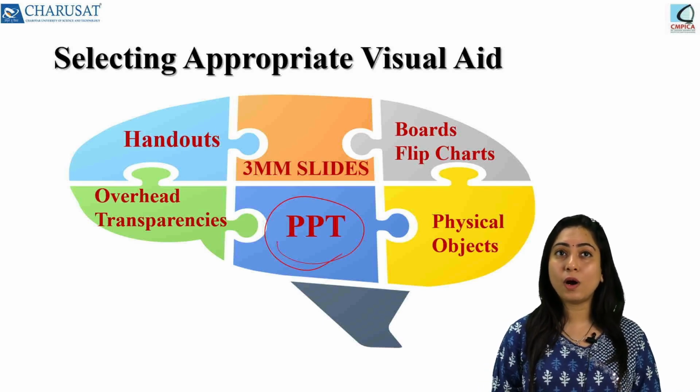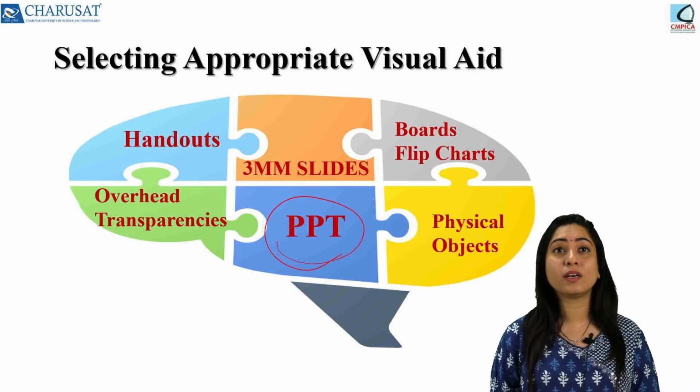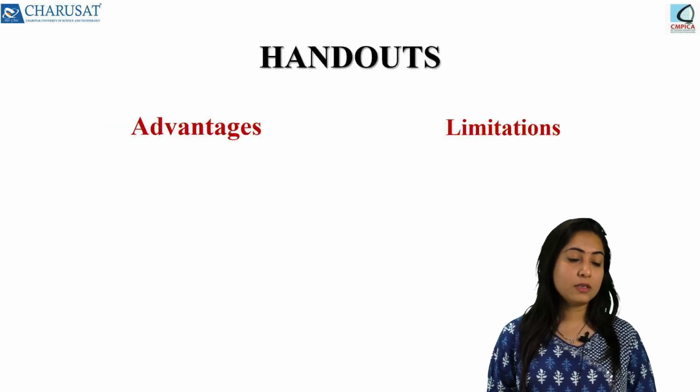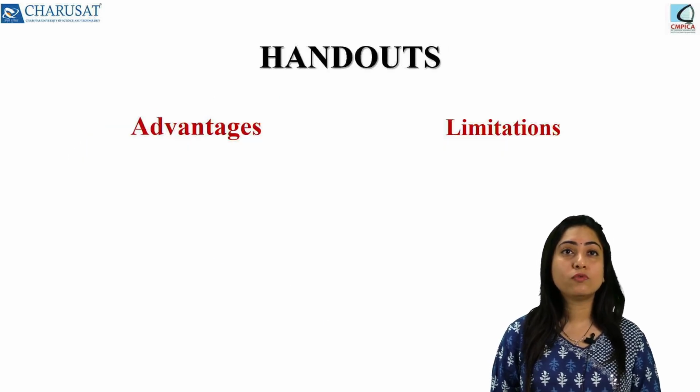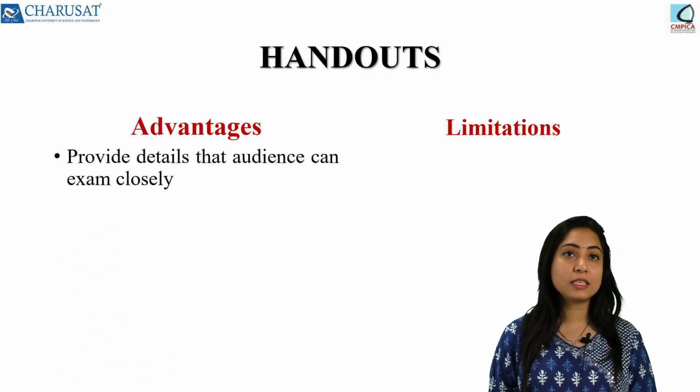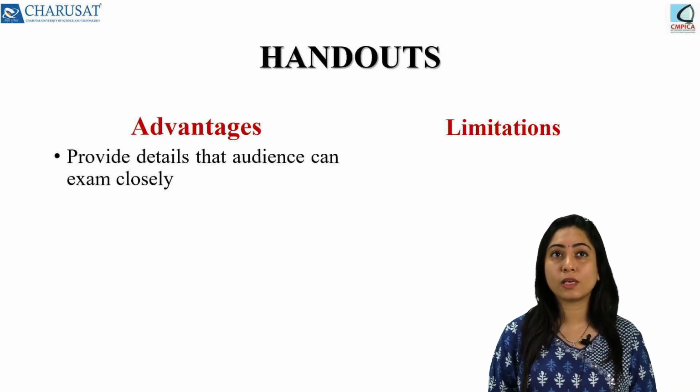So how are these used? Let's see the advantages and limitations that these 6 options provide. So the first one is handouts, right? It provides details that the audience can examine closely.